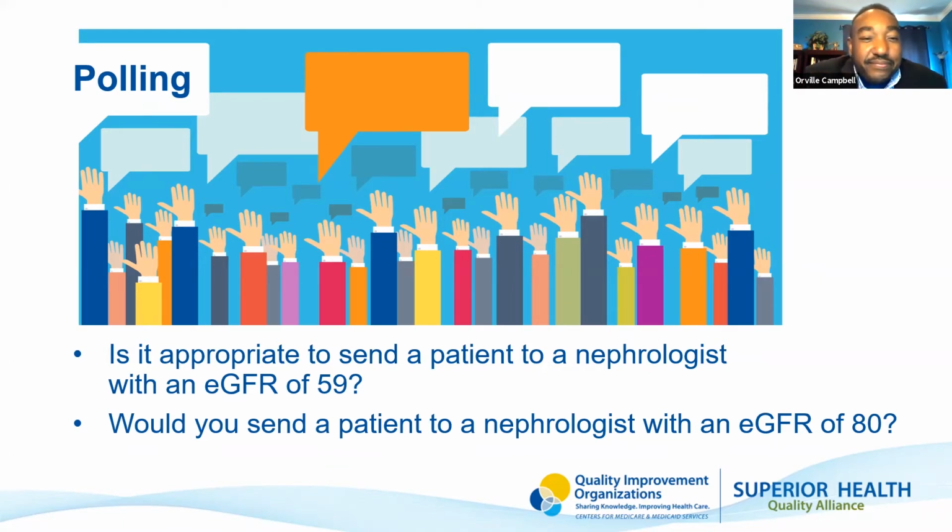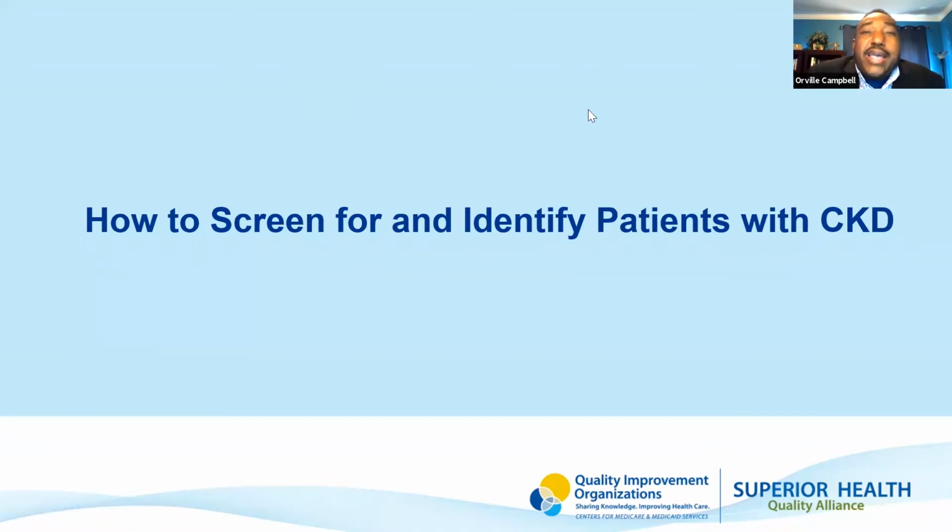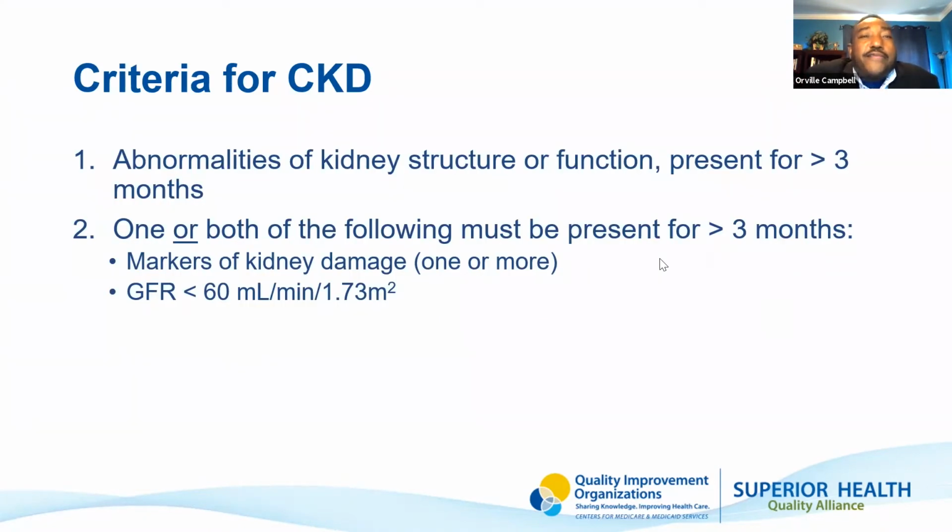Next slide. How to screen for and identify patients with CKD. Criteria for CKD, we discussed that in the first session. This is a refresher. Abnormalities of kidney structure or function present for greater than 3 months. Number 2, one or both of the following must be present for greater than 3 months.